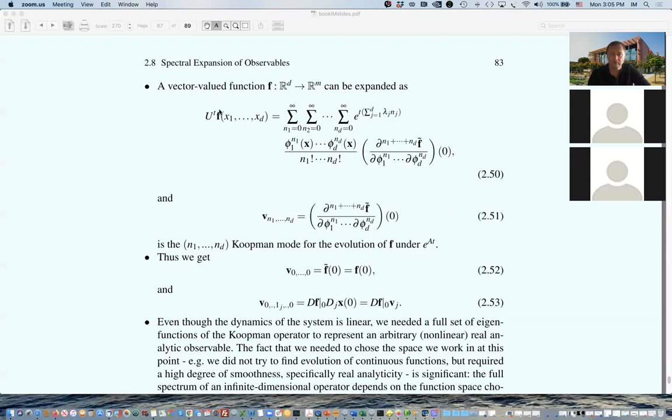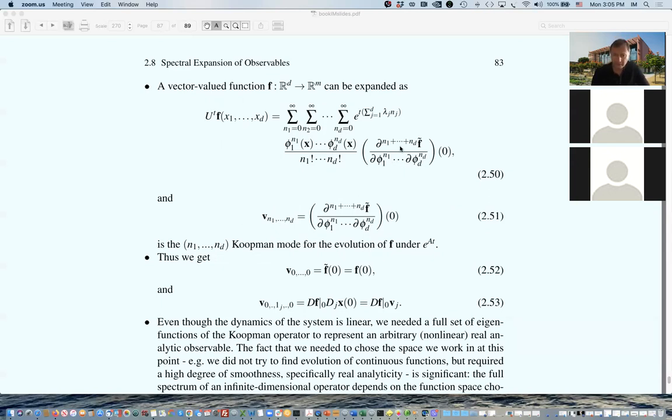Then the evolution of f, so boldface f under the Koopman operator U^t, is pretty much the same as before, except that this derivative now contains our f tilde as a function of phi_1 to phi_d.